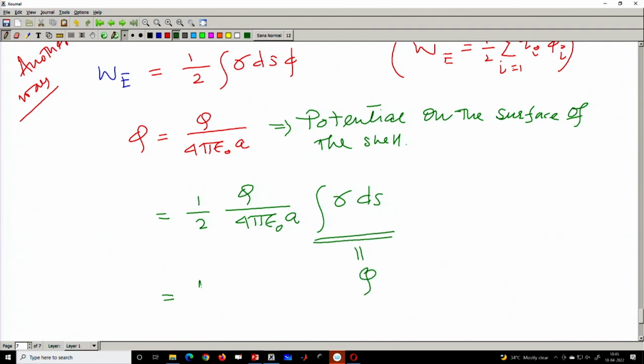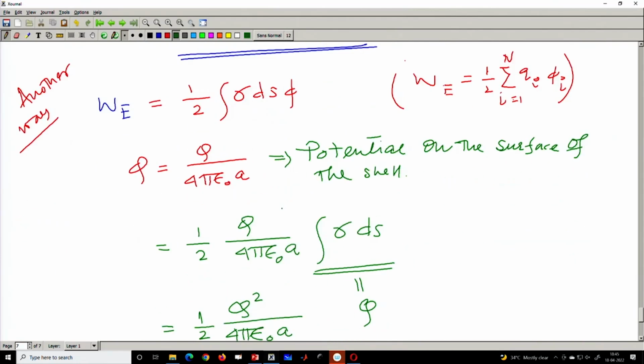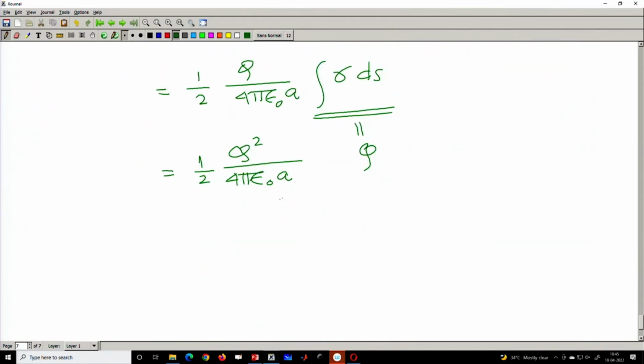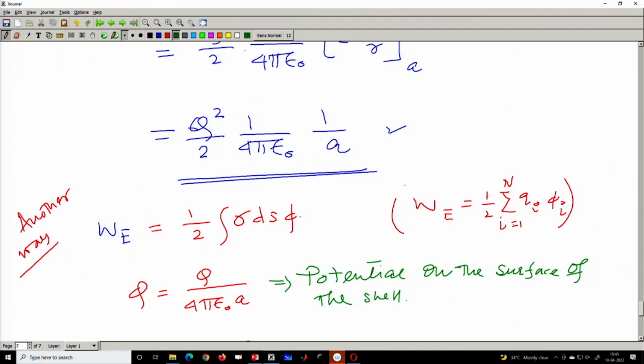So, I can have half of q square divided by 4 pi epsilon 0 A, which is the same result that we had in the previous calculation, the same thing in a different way.